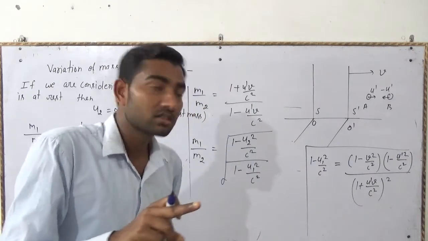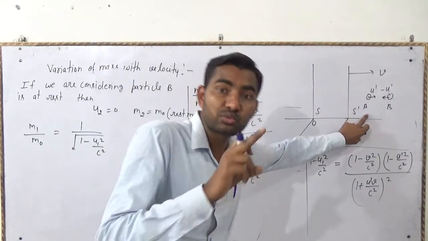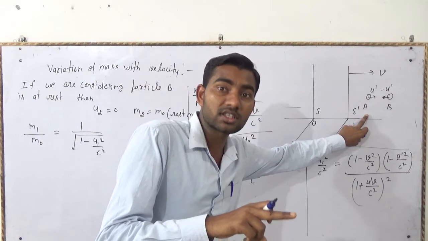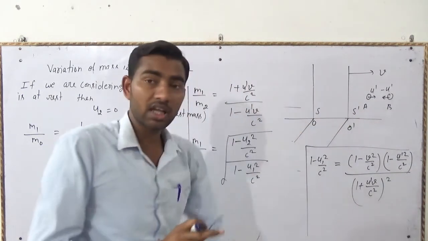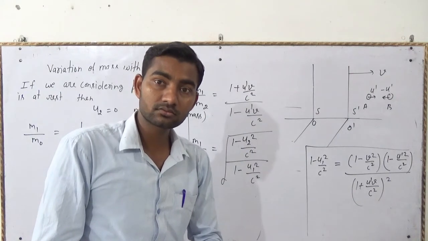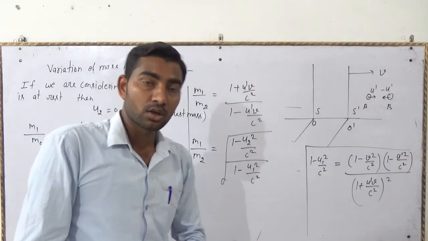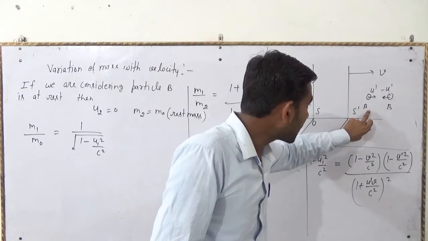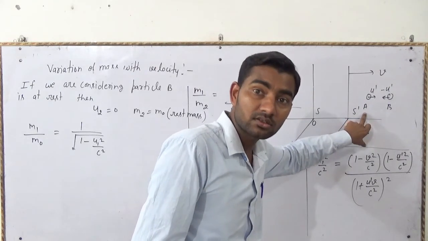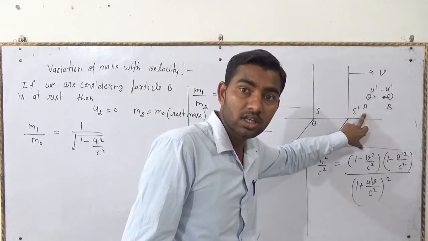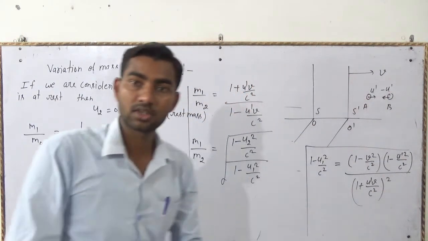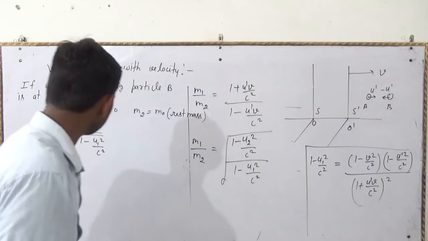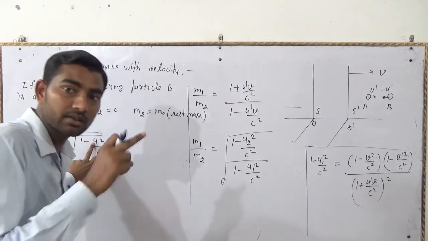Because this particle is moving with respect to frame S. Why is this particle moving? Because this frame of reference is moving. So here very easily we can replace u1 by v.